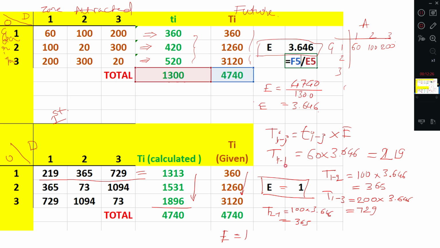That is T11 equal to 60 into 3.646. Like this you will get the first value. Similarly 100 into 3.646, 200 into 3.646, 300 into 3.646. Like that you will get the matrix. From the matrix, again calculate the sum of trips attracted towards zones 1, 2, 3. If you get the same values, that is the last part of the uniform growth factor method. Okay, thank you very much.